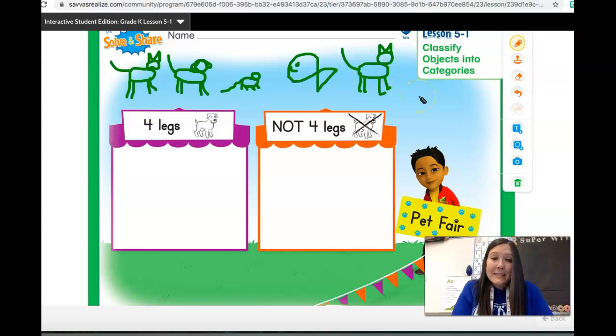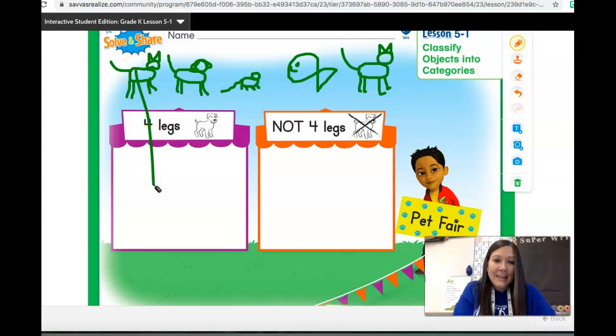Now, the pets have to be sorted into these 2 tents. Animals that have 4 legs and animals that do not have 4 legs. This big X is going to stand for not. All right, cat. Does a cat have 4 legs or not 4 legs? 4 legs.